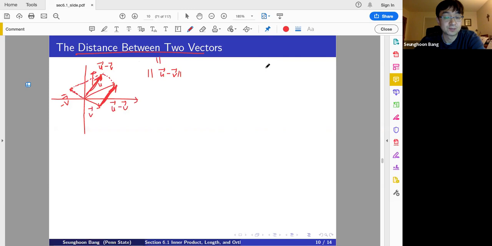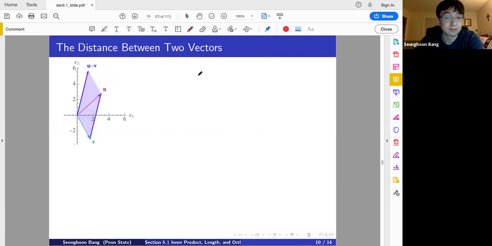Like this. So we have it here, right? The vector u is given, vector v is given. You can make negative vector v. You add two vectors. We can make a parallelogram.